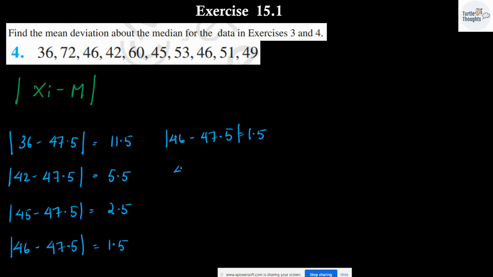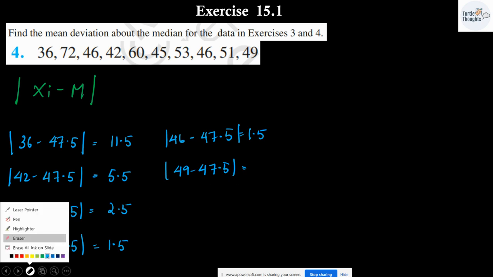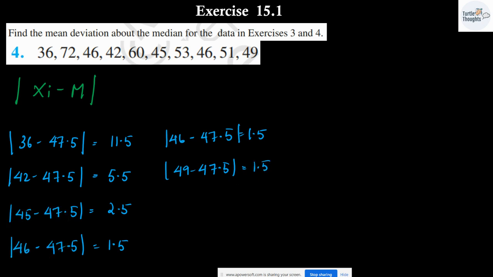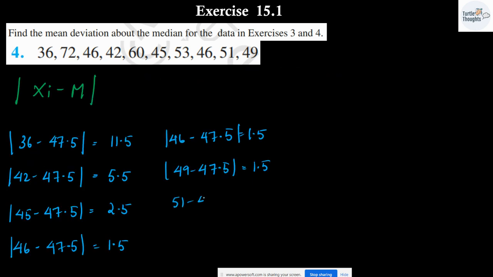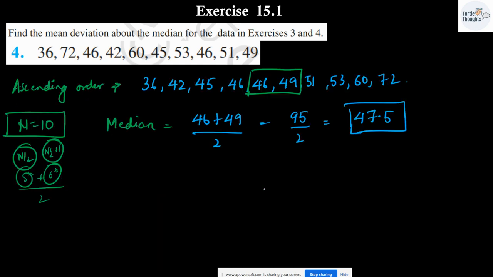49 minus 47.5, what is going to be the answer? The answer is going to be, sorry, not 3.5, it is going to be 1.5 again. Next I have 51 minus 47.5, it is going to be equal to 3.5.